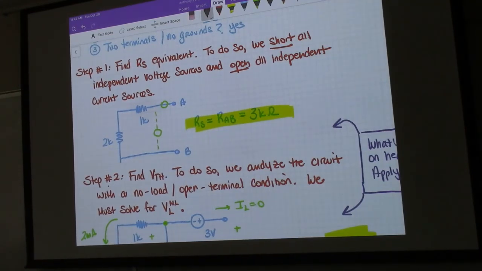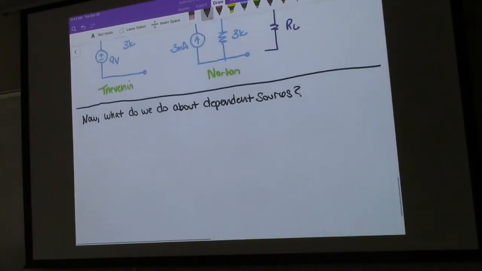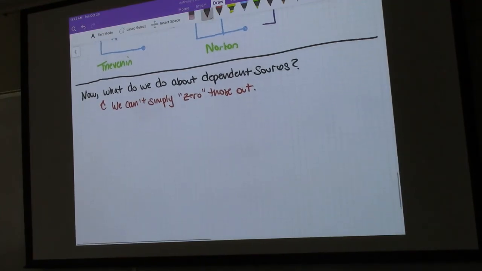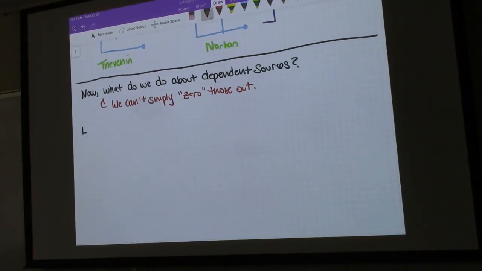Okay, so the main problem here is that we can't simply zero those out because we would be eliminating the relationship that they represent. So again, we're going to tackle this by trying an example.